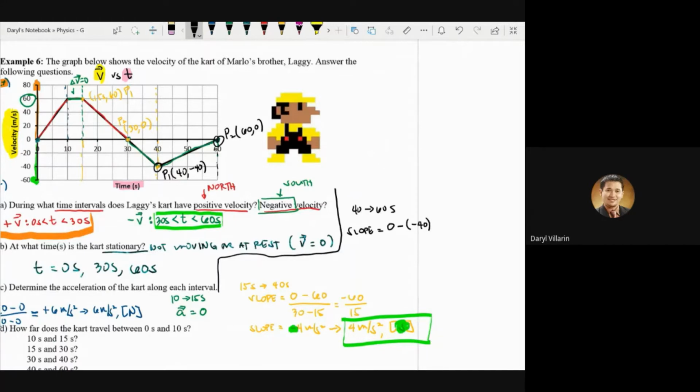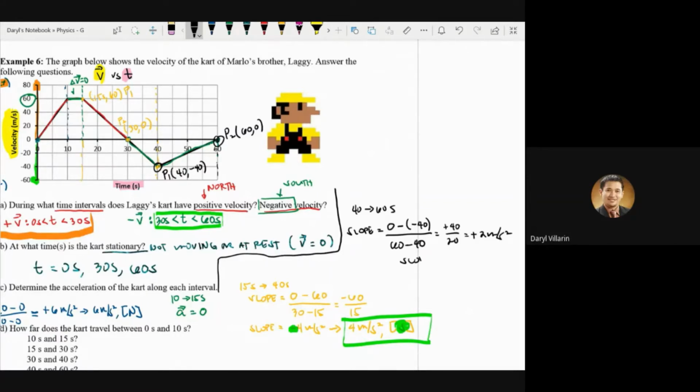So that's why you have 0 minus the negative 40, divided by 60 minus 40. So that would be minus the negative. If we do the operation, that becomes positive 40 over 20. So you have positive 2 meters per second squared.